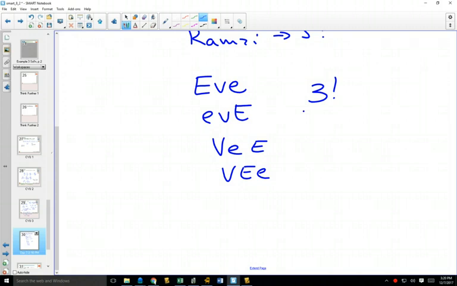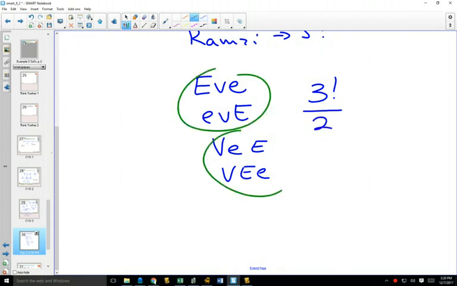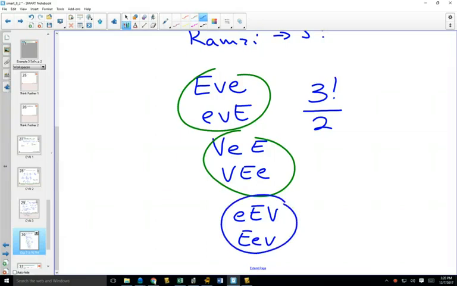So if we listed all 6 of them, I guess there's only one more, we may as well list it. The last one would be Eve or Eve. And those would be the same. We'd have to divide by 2 and find out that there's only 3 passwords. And so you have a pretty good chance of breaking into her computer.